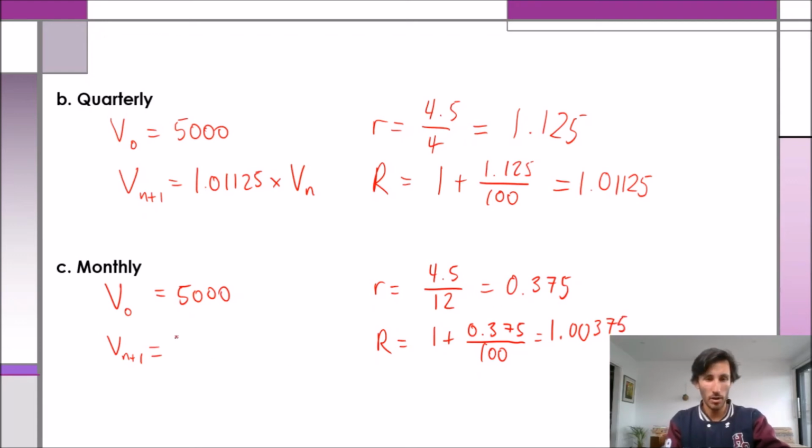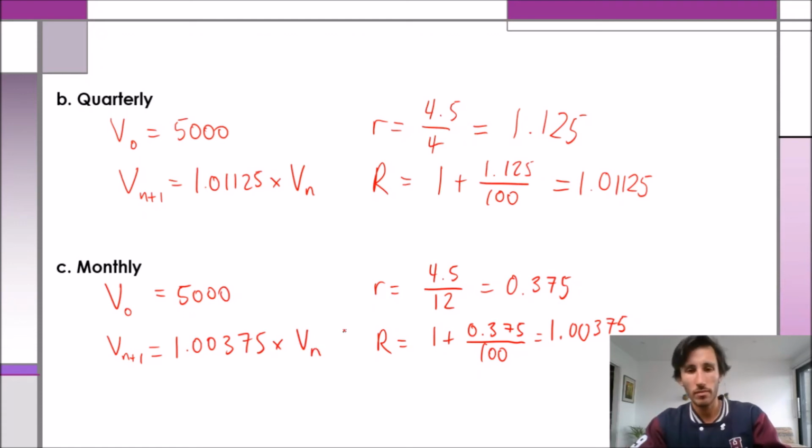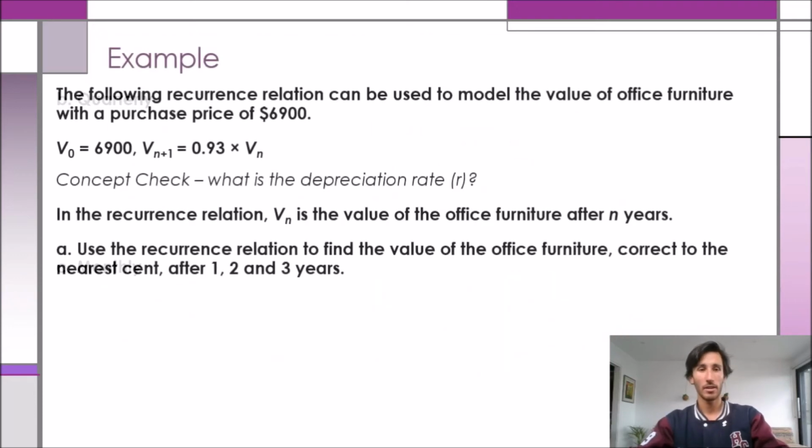So Vn plus 1 equals 1.00375 times Vn. Cool, we're making progress. So this is how we deal with compounding periods which aren't just your basic year. We have to divide by the number of periods there are in a year.